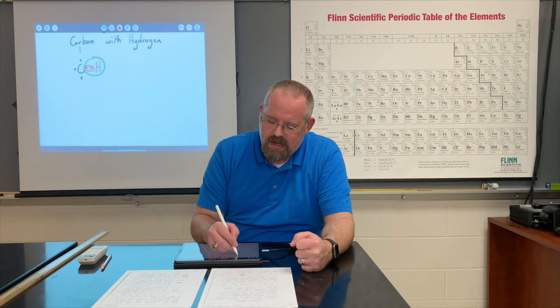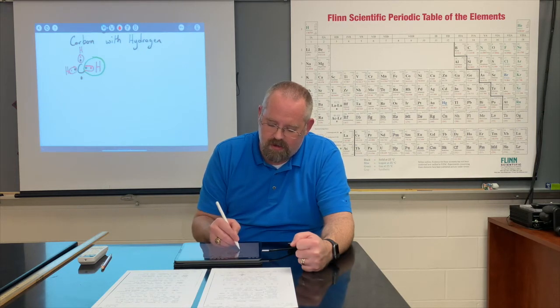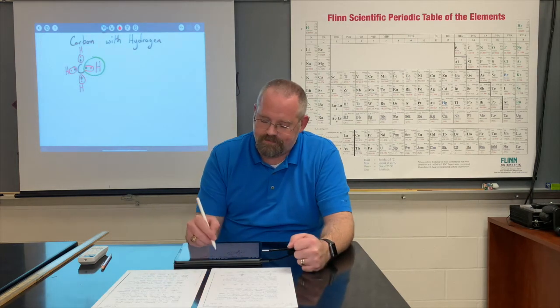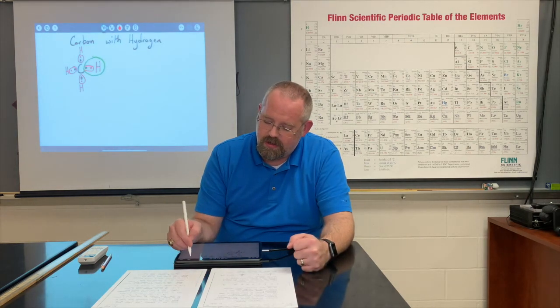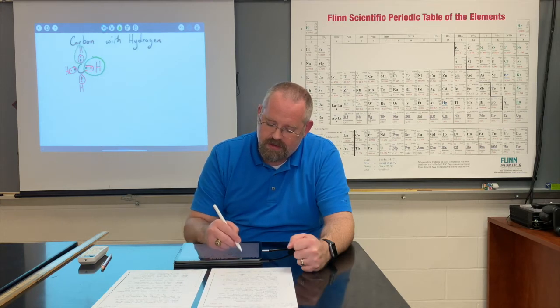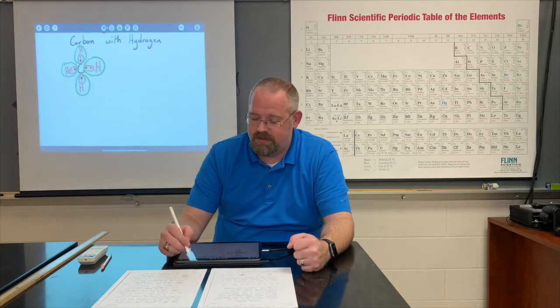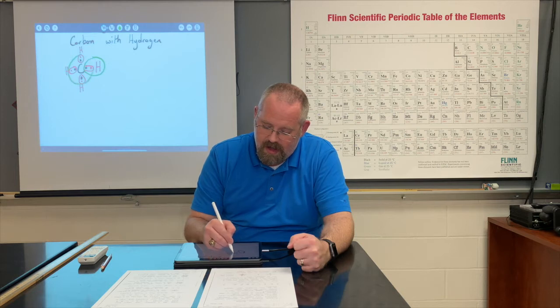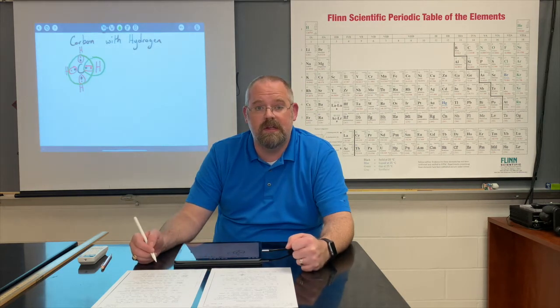It doesn't have anything to share, so it's unfilled. So what we need actually is more hydrogen atoms to come along and share with the carbon. So now as you look, each one of these hydrogens has 2 electrons that it can use, and the carbon now has 8 that it can use.